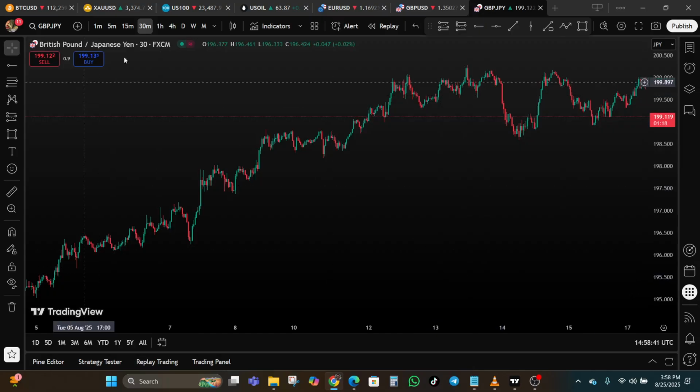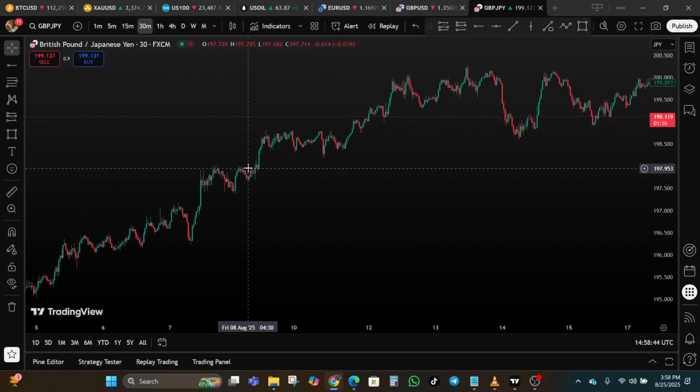Now the 30-minute chart is unique, right? Because it sits right in between the very short-term charts like the 1 minute and 5 minute and the longer term charts such as the 4 hour and the daily.